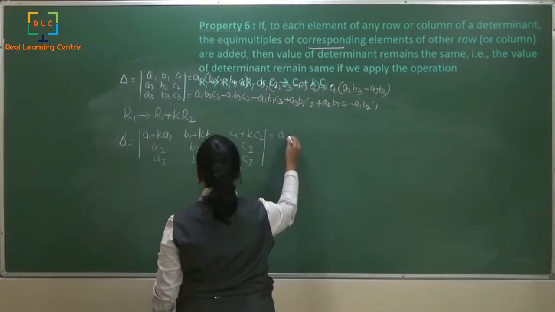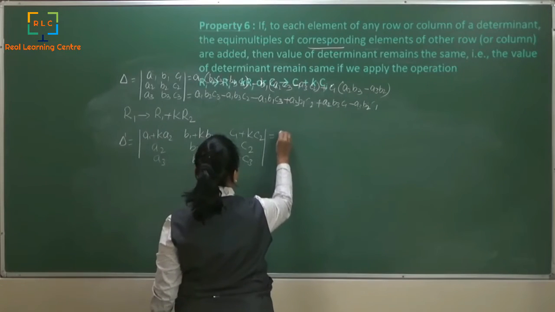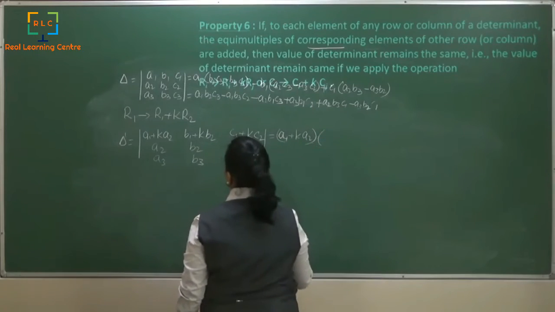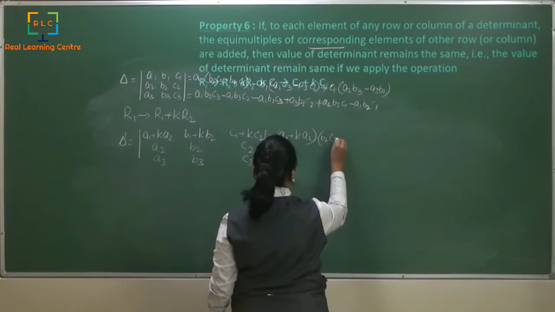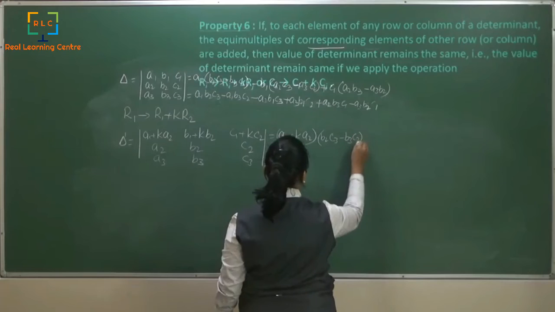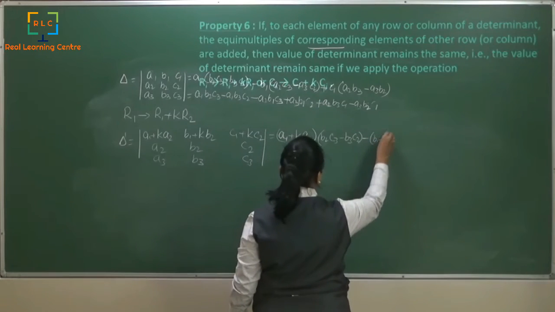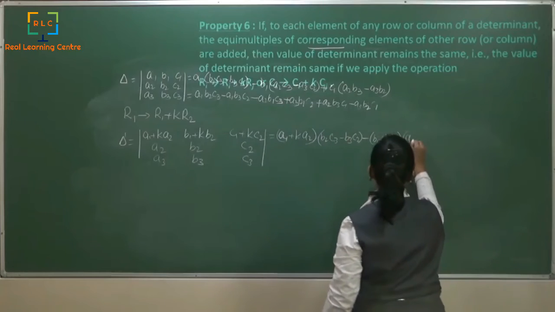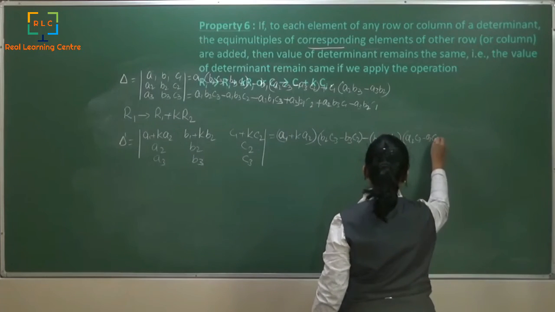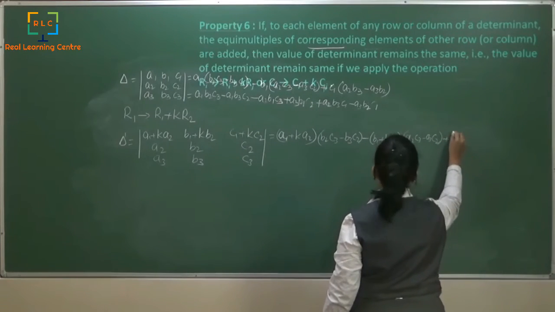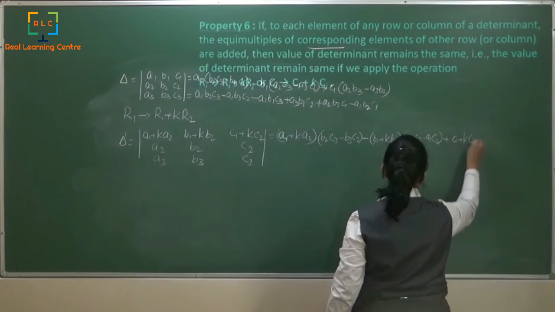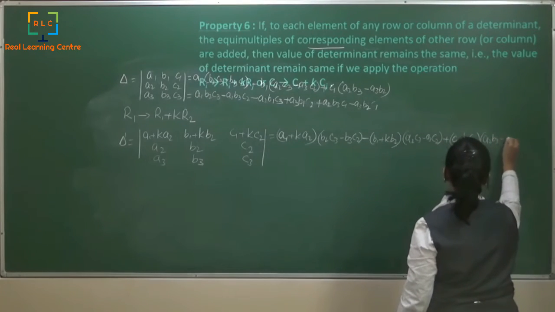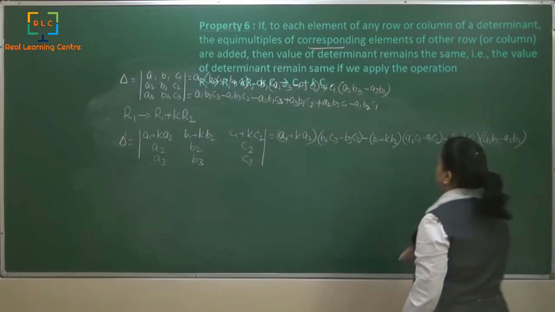Now let us try to expand this. This is equal to A1 plus K times A2 into B2 C3 minus B3 C2, minus of B1 plus K B2 into A2 C3 minus A3 C2, plus C1 plus K C2 into A2 B3 minus A3 B2.